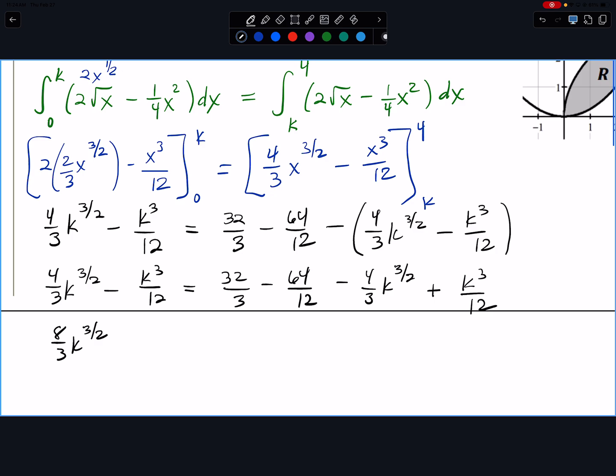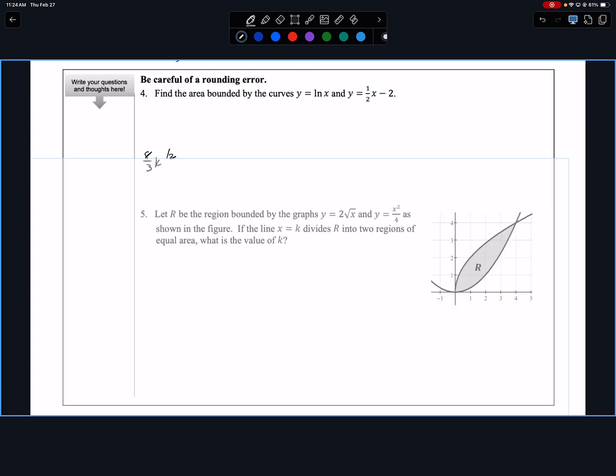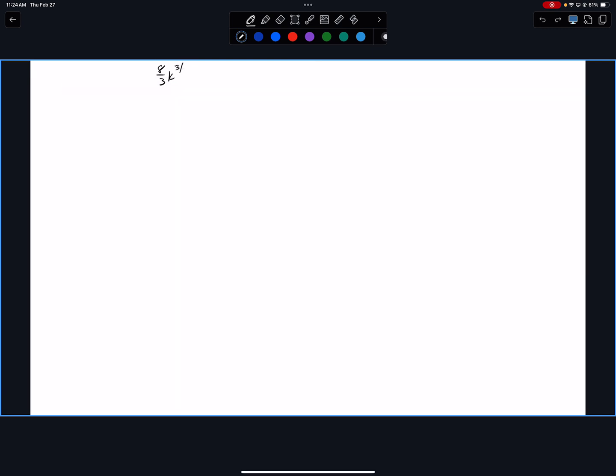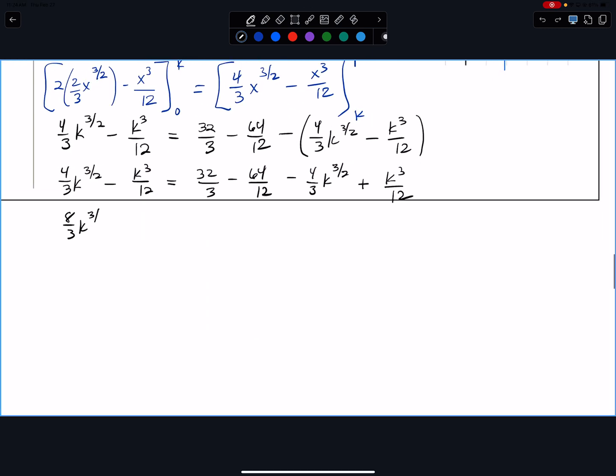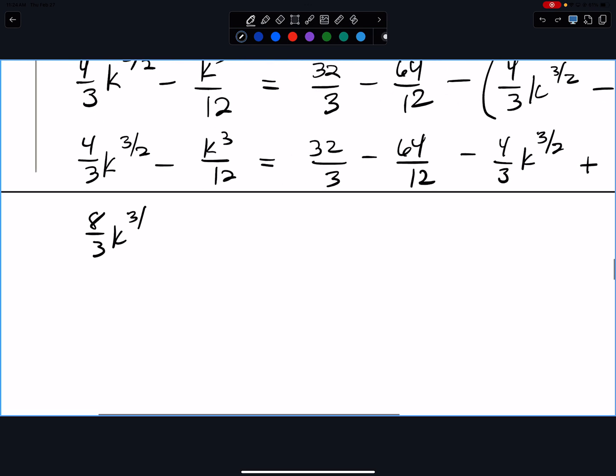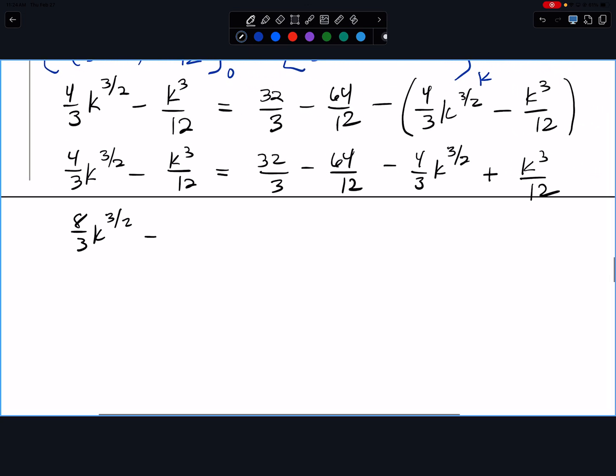If I subtract this term from both sides, I'm going to get negative 2k cubed over 12.